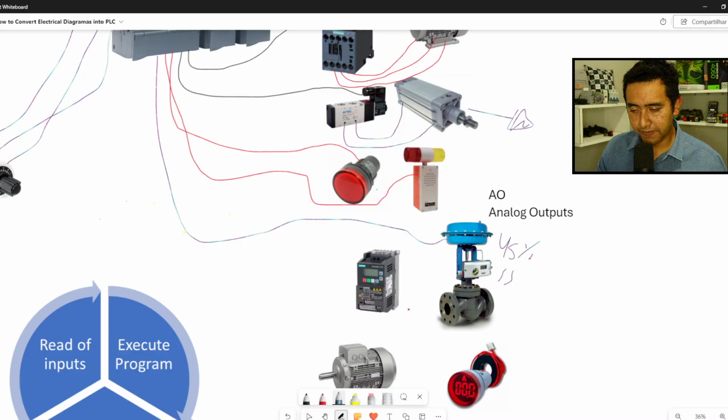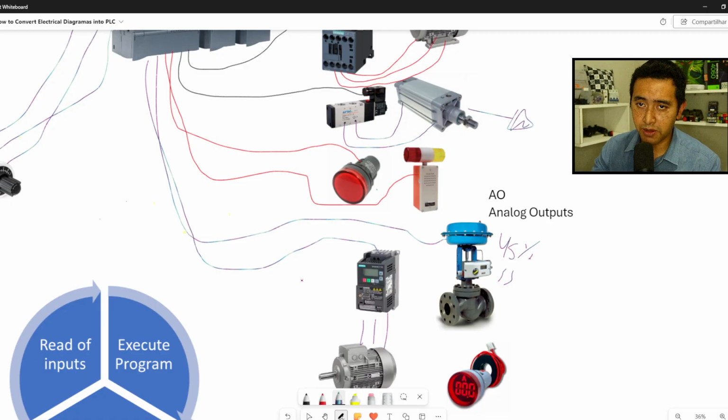It's possible to control three-phase motors with VFDs, variable frequency drives. Today we use a lot of VFDs on networks. It's easier to control and get data from a VFD. But it's possible to use analog outputs and wiring to put an analog signal here.